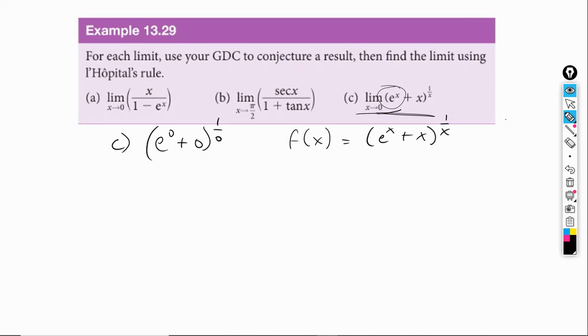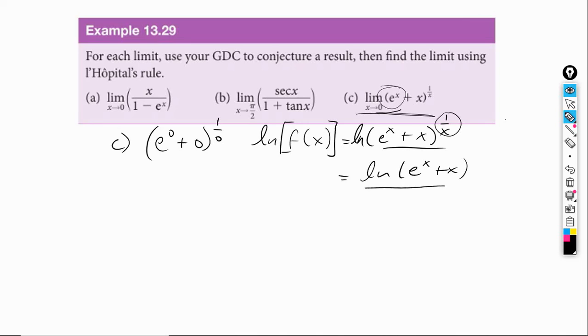And if I do the natural logarithm to both sides of this equation, natural logarithm of f of x equal to the natural logarithm of this expression. Because I have a natural logarithm here, we can send this exponent to multiply. So I'm only going to focus on the right-hand side for now. So this is going to be equal to the natural logarithm of e to the x plus x, over x.